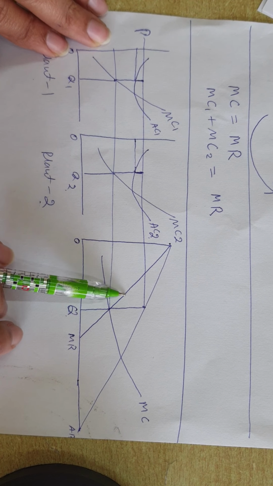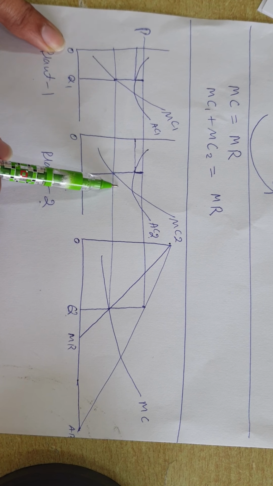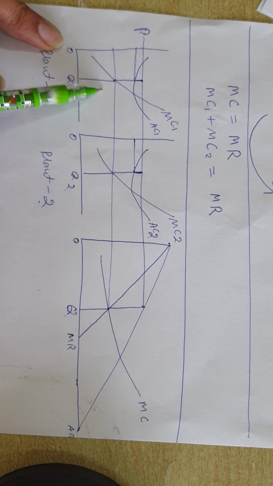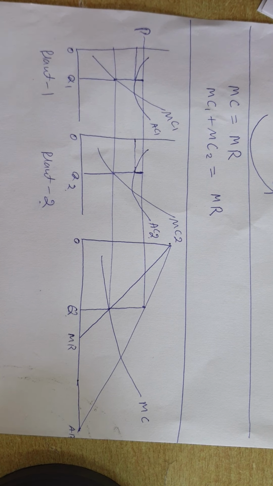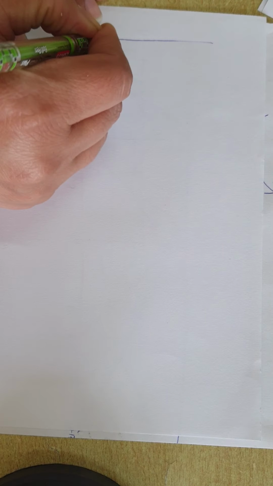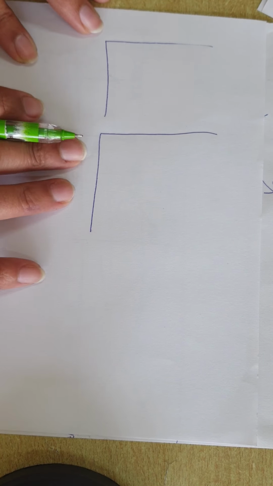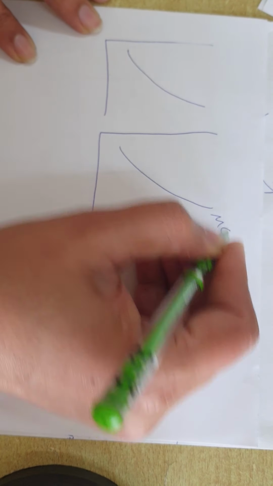Now with this diagram you can understand this is about plant 1, this is for plant 2 and this is the market. I will draw this diagram step by step so that you can understand properly what I have drawn here. These are 2 plants and every plant has its own marginal cost.